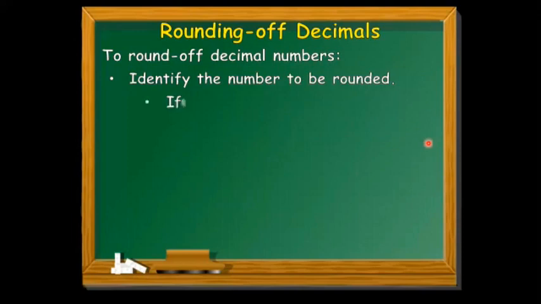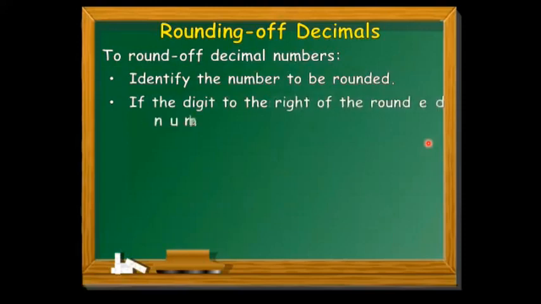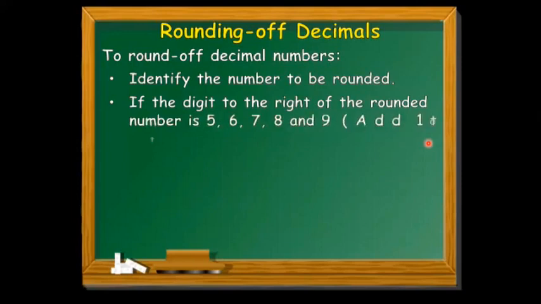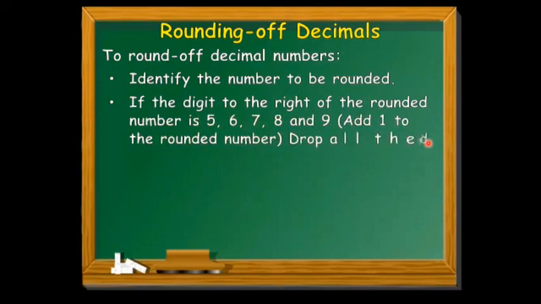And then the next step would be, if the digit to the right of the rounded number is 5, 6, 7, 8, and 9, add 1 to the rounded number. And then, drop all the digits after the rounded number.